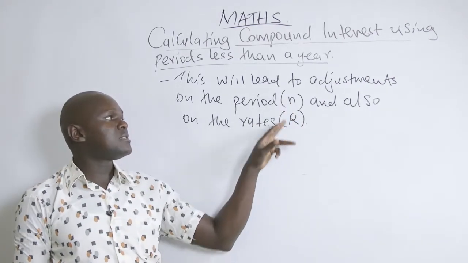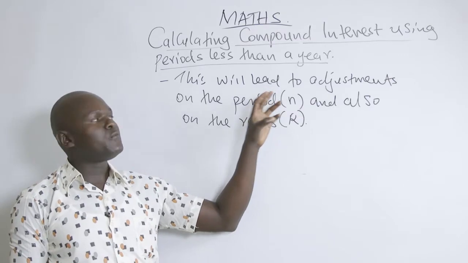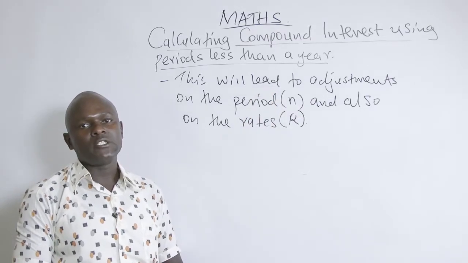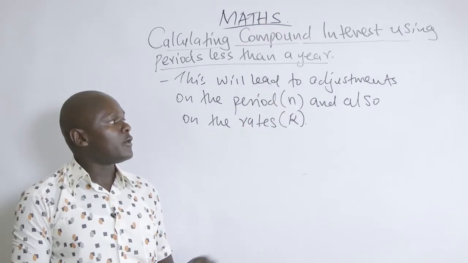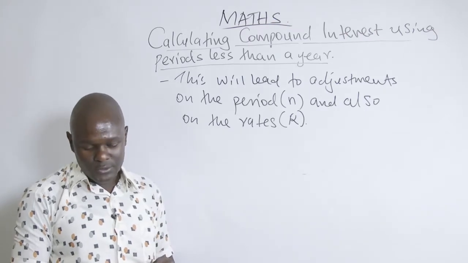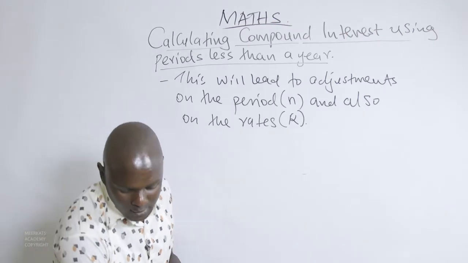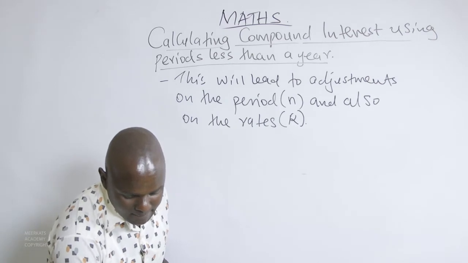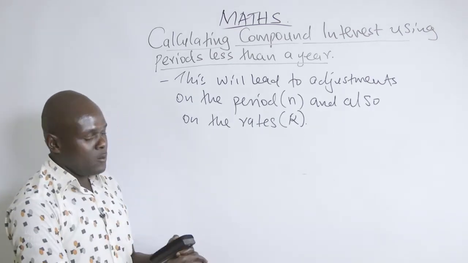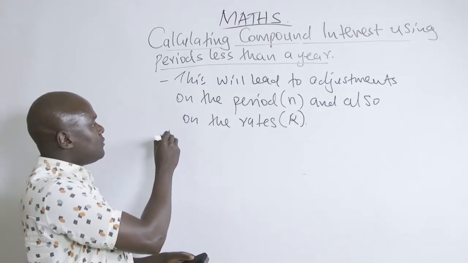We need to adjust these two before we feed the same into our compound interest formula for us to achieve the desired results that we are looking for. Let us start by looking at examples. We can start by looking at the first example.